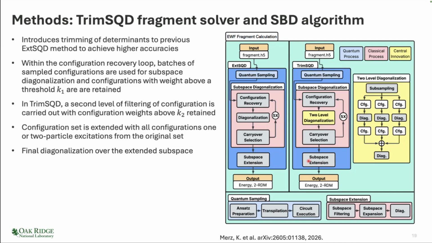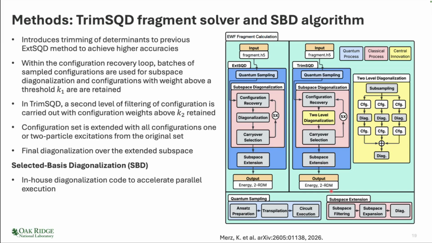And then the final diagonalization is again performed over this entire extended subspace to output energies and 2 RDMs. And then this is accelerated using this SBD code, which is an in-house diagonalization code that the authors developed to accelerate the parallel execution using a distributed memory design to store the configurations and GPU acceleration.